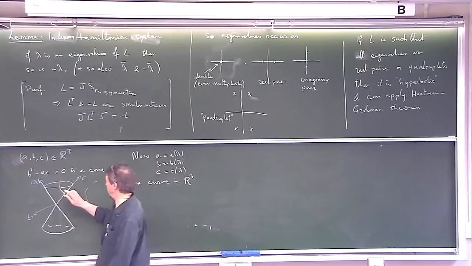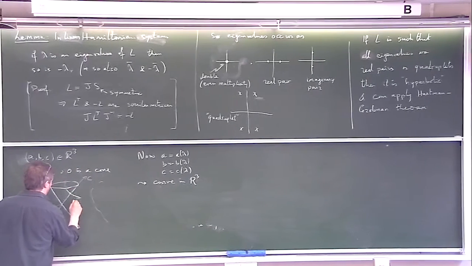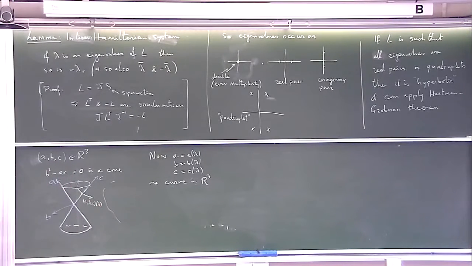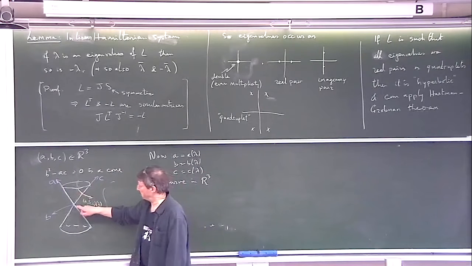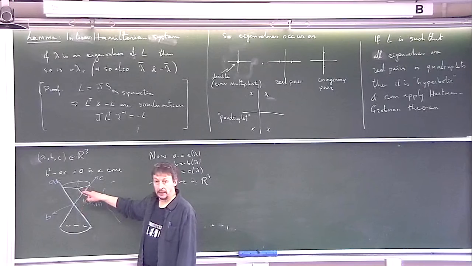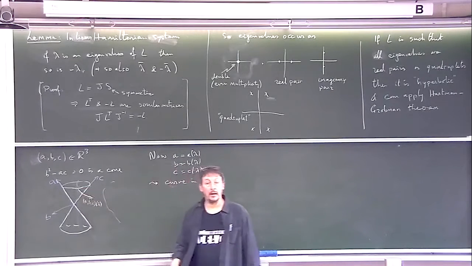So it's inside. So this is my point ABC of lambda. And as it intersects the cone at some point, it could, of course, intersect at the origin, but that's unlikely. So much more likely is it's generically going to intersect the cone outside the origin.